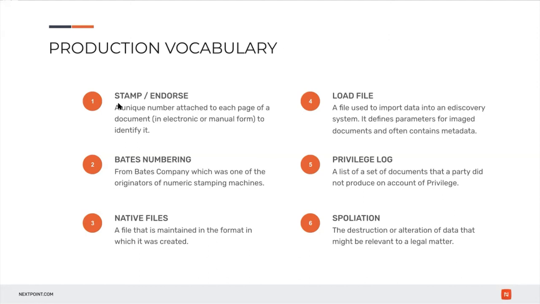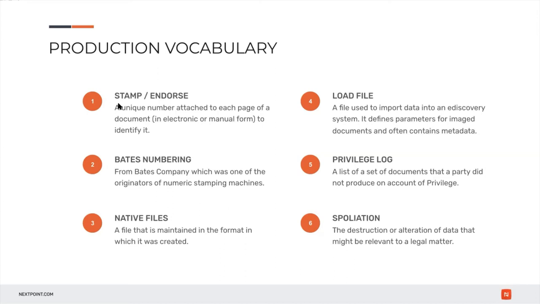The way I like to describe a load file is like a map for those documents, telling you what you need to know about them for those metadata fields. We'll get into that more in our next session on collections and imports. For those who are not as familiar with load files, I know I wasn't when I first started out, they can seem a little daunting, but are quite easy once you know what you're looking at.